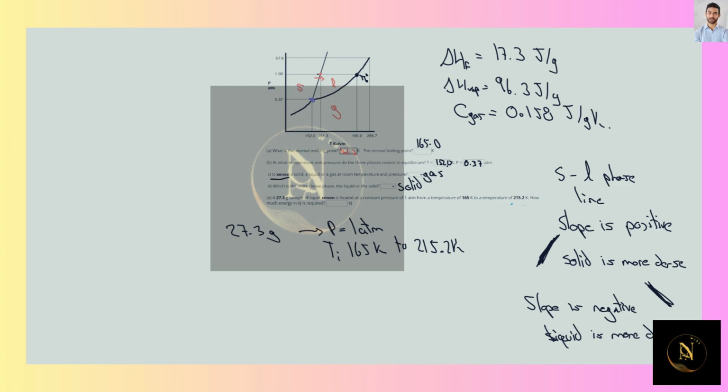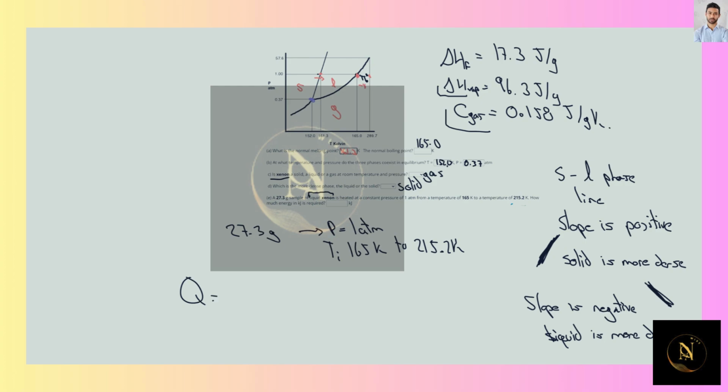So over here we need to identify that our sample is starting here at 165 Kelvin, and we're going to increase the temperature. The only contribution is going to come from the heat capacity of the gas. And also, in this case, we're starting with liquid xenon, so we need to completely vaporize it. So we're going to have both of the contributions.